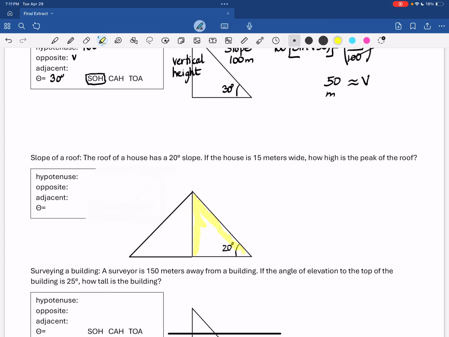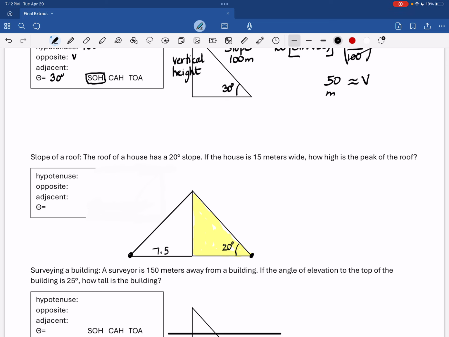If the house is 15 meters wide, so it's 7.5 meters on this side and 7.5 meters on this side. That absolutely matters. The whole thing is 15. So the half that I'm showing you is only 7.5 meters wide.